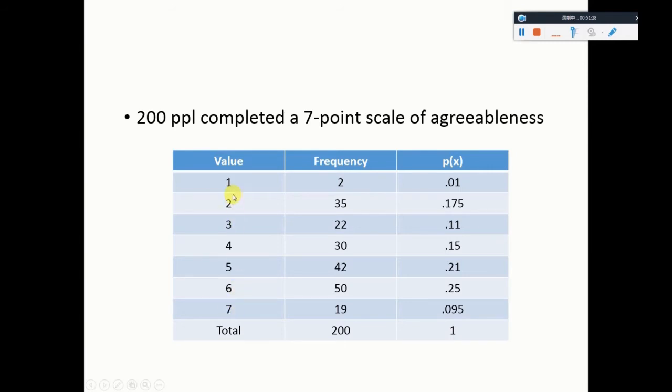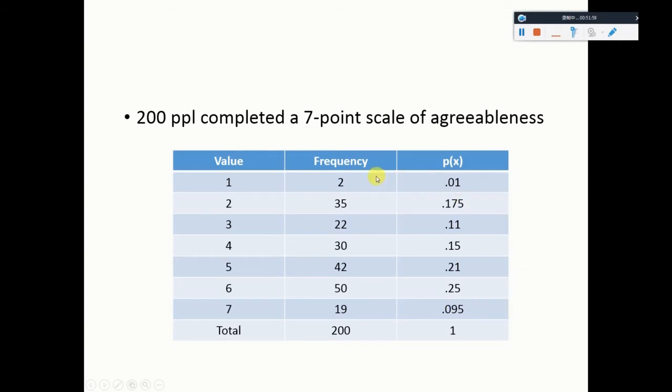We can roll the dice and get a 1, or get a 7. We roll the dice 200 times, and how many ones do we get? 2. How many twos? 35. All the way up to 7.